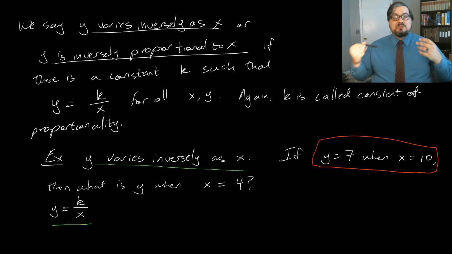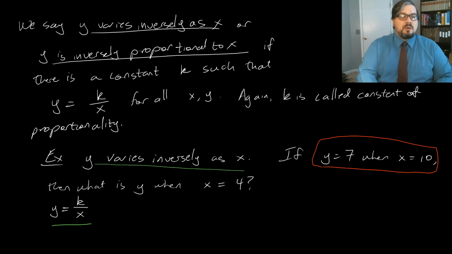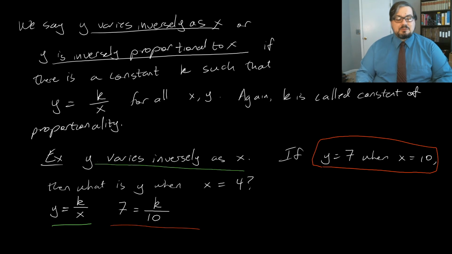So we need to have at least one part of the world where we know about all quantities involved. So we have that y equals 7 when x equals 10. And therefore, we can plug those into the equation in order to try to figure out k. So we have that y is 7 when x is 10, which means that 7 is equal to k over 10.